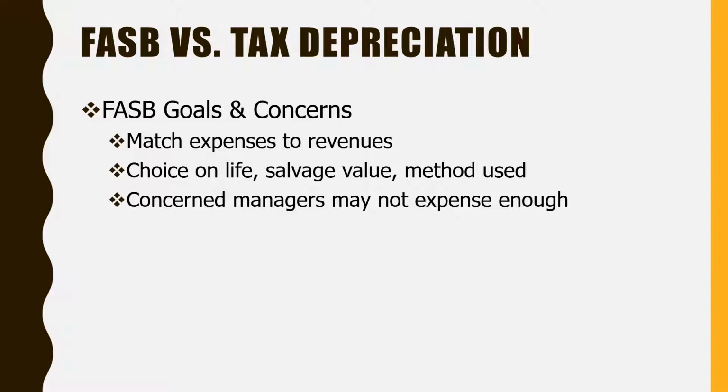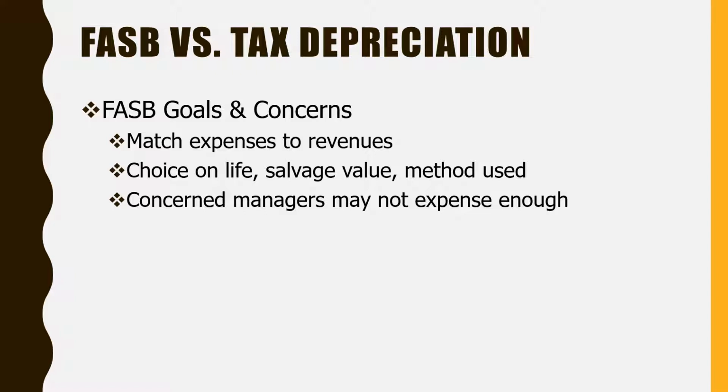FASB's goal for depreciation is simply to match the expenses to the revenues generated so that the income in any particular period represents what really happened during that time frame. Therefore, they give you a choice on the life of the asset, the salvage value you want to use, and even the method used.